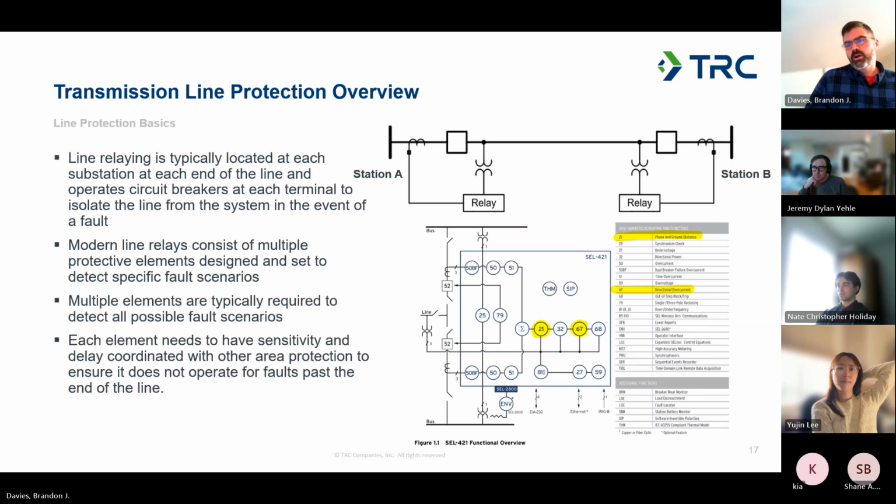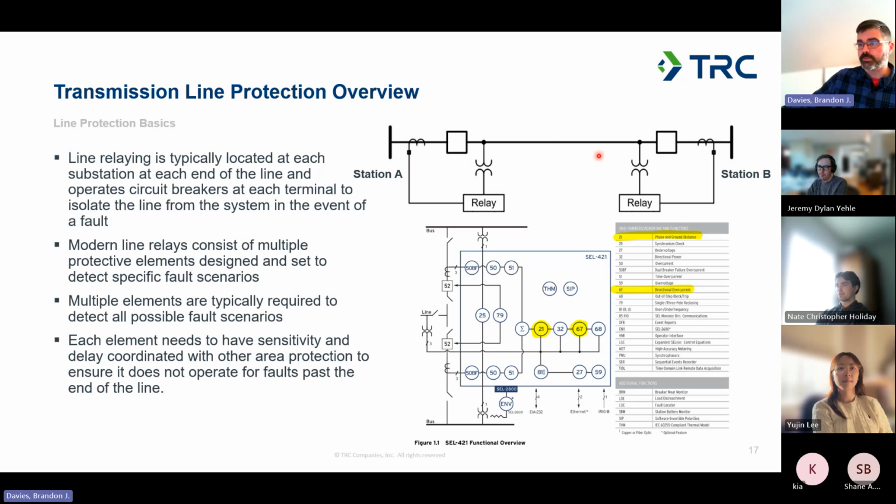So I'm going to shift gears a little bit and talk a little bit about line protection, and we'll go into some of the specific schemes starting in the next class. But generally, your line relay is going to be located at the substation on either end of the line.